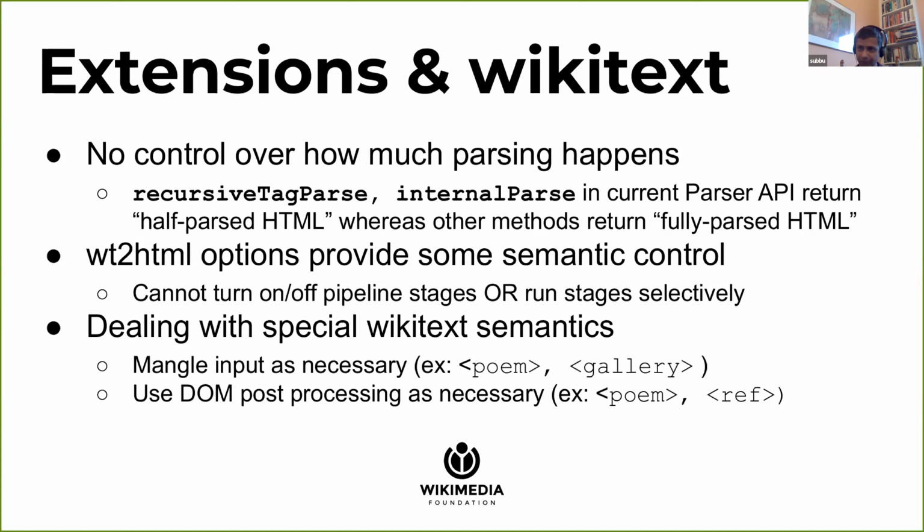In Parsoid, we're deliberately not doing this, to make for cleaner semantics, and because Parsoid automatically takes care of, using standard Wikitext semantics, links, lists, bullets, quotes, every single time it's found in your extension. So there is some amount of semantic control you do get, but for example, inline context I mentioned earlier, you really cannot selectively turn pipeline stages on or off or run stages selectively.